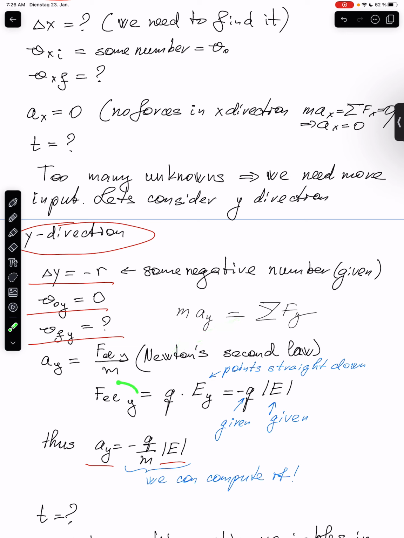Now, what is the force in the y direction? Well, you already know that the force in the y direction will be given by the charge of the proton in this case, times the electric field in the y direction. The electric field has only a y component, and it points down.